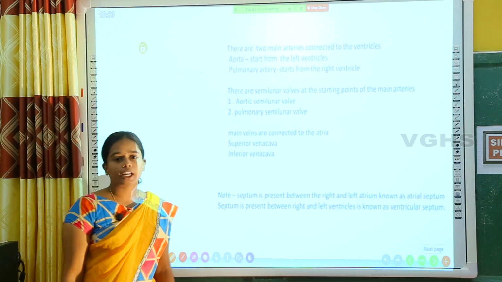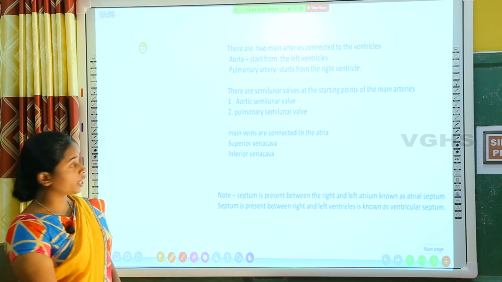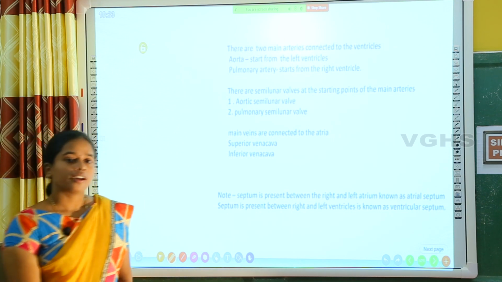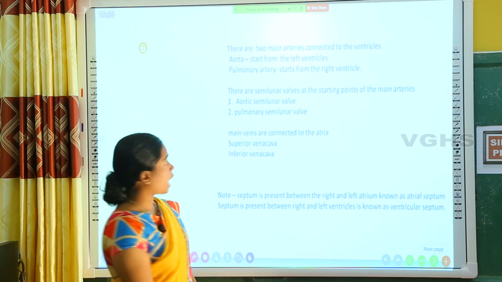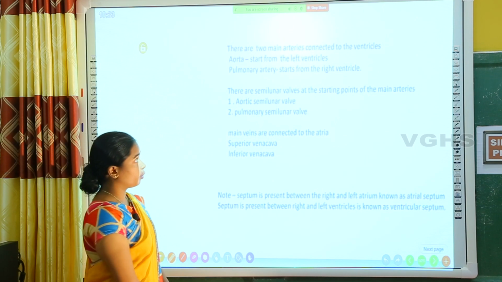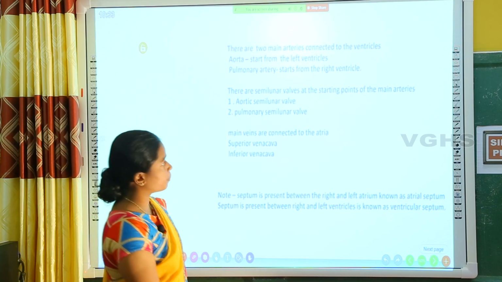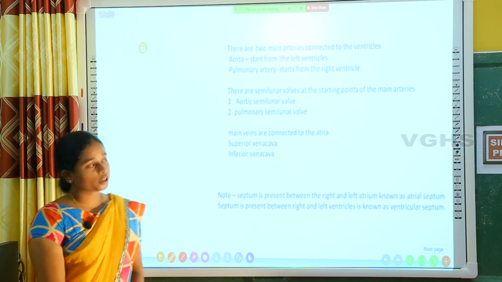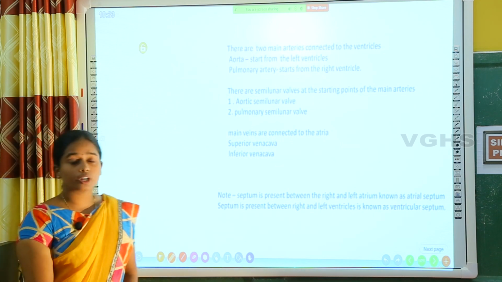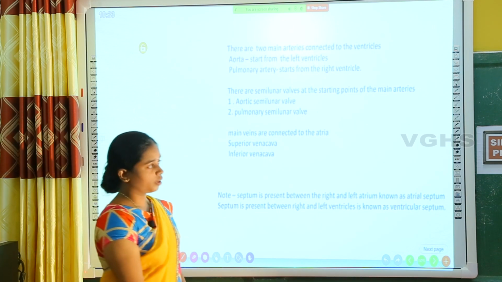Next, there are 2 main arteries that are connected to the ventricles. They are the aorta and pulmonary artery. And also there are semilunar valves. They are at the starting points of the main arteries. They are the aortic semilunar valve and pulmonary semilunar valve.